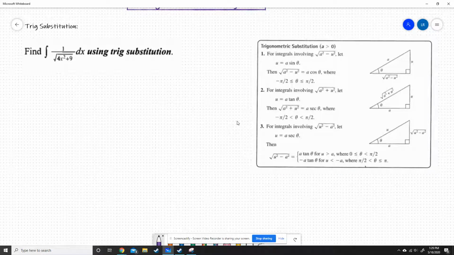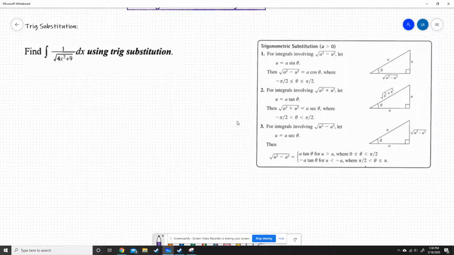One big clue that I'm going to need trig substitution is that we have a square root of some sort of a squared plus u squared, or u squared plus a squared. We have some sort of square root that looks like it could be a hypotenuse or a leg of a triangle. That's what clues us into the trig substitution.